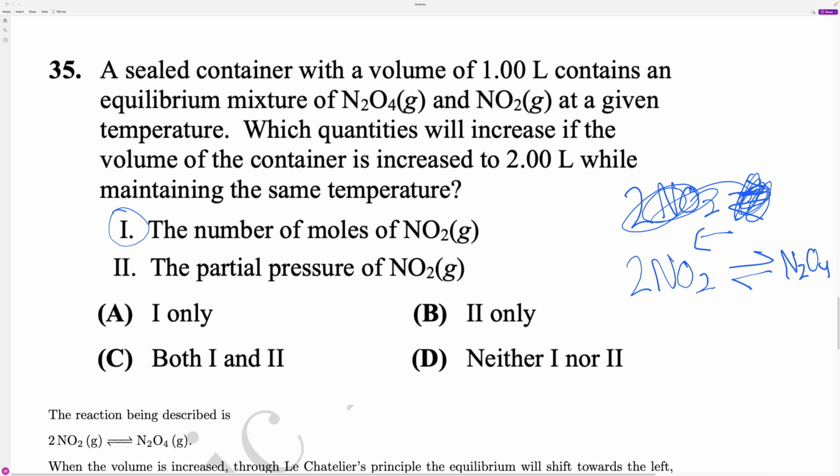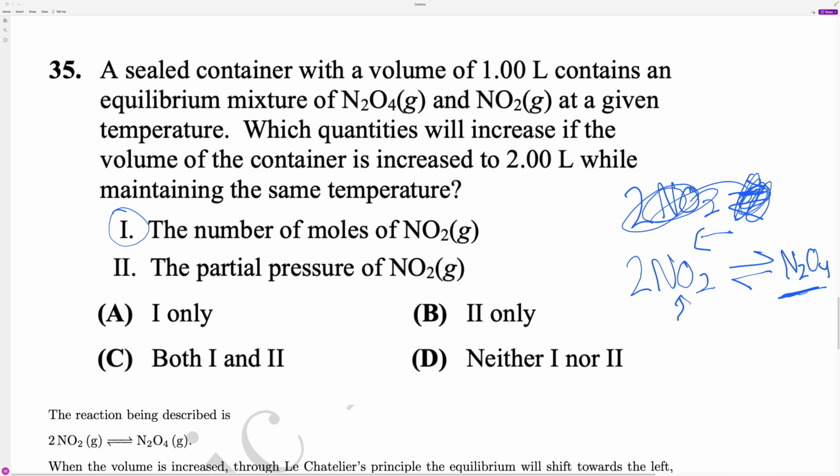Now let's discuss why II is not correct, because we're going to need the number of moles to more than double when the volume doubles if the partial pressure is to go up. So even if all of this N2O4 dissociated into NO2, so it's all NO2, that's not going to cause an increase in the partial pressure.